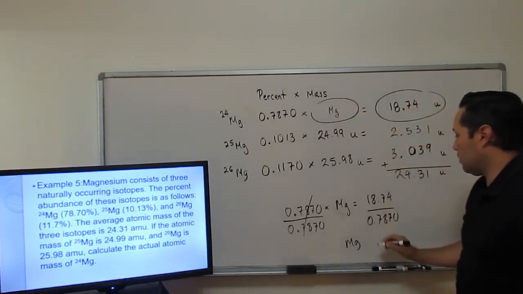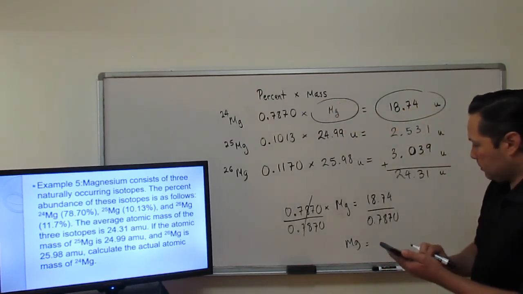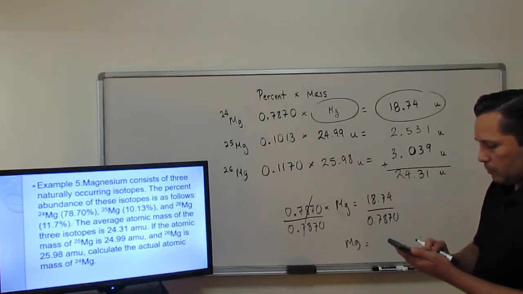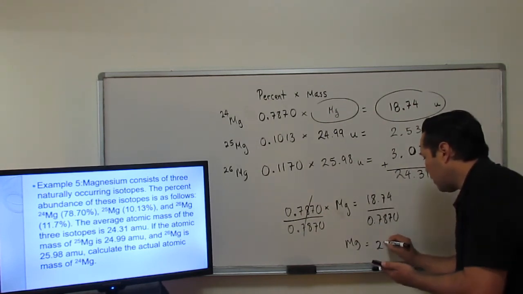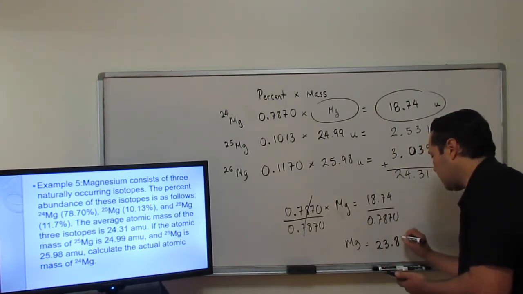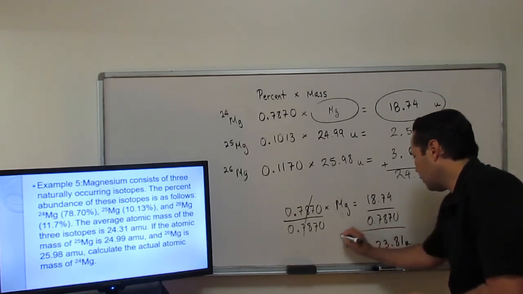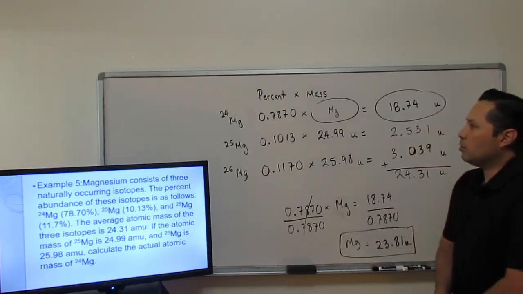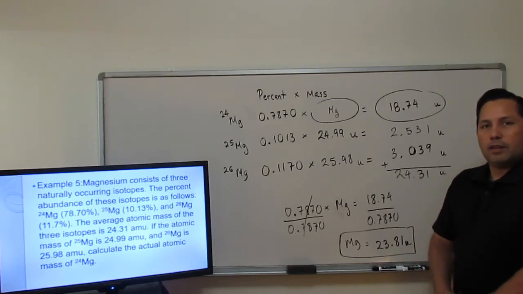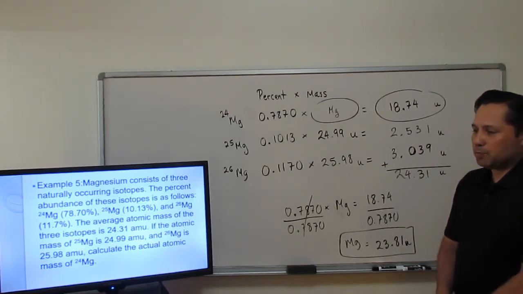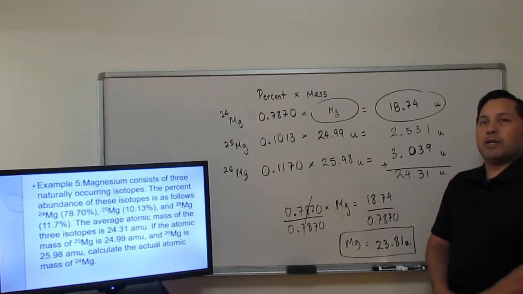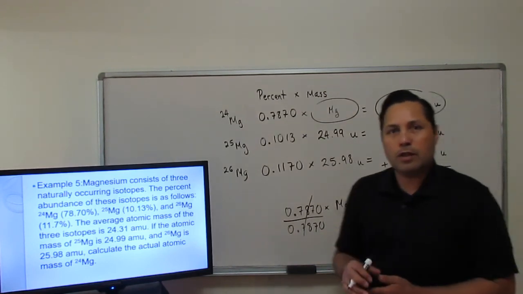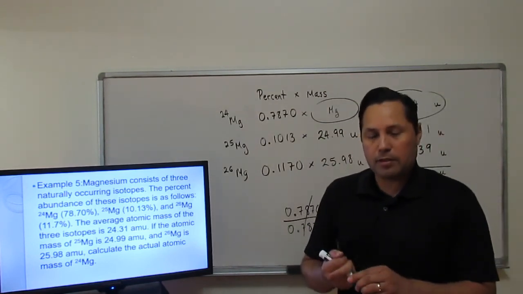So the answer would be 23.81 U. Alright, so that is problem number 5. A little bit more challenging than the others. Alright, that takes us to the end of this lesson, and thank you for watching.